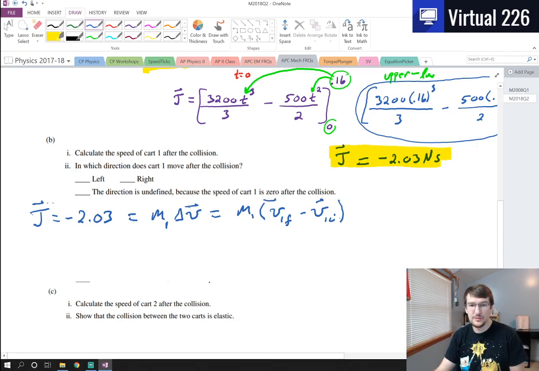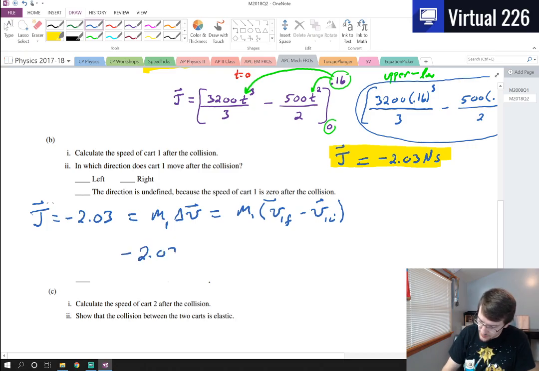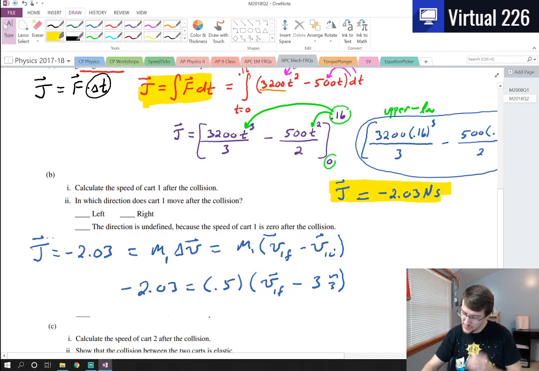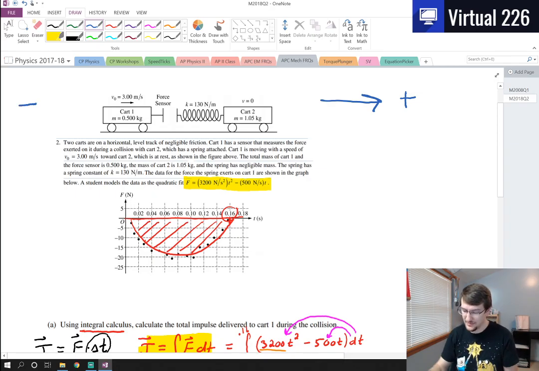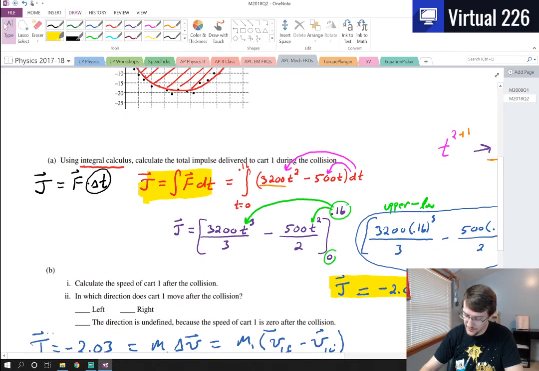And now it's just a matter of plugging in numbers. So we know that negative 2.03 equals 0.5 times the final, which we don't know, so we'll call it V1F, minus 3 meters per second. In this case, since we said minus 3 meters per second, what we actually implied here was that going to the right is positive and going to the left is negative, because we said that V naught here to the right is 3 meters per second.